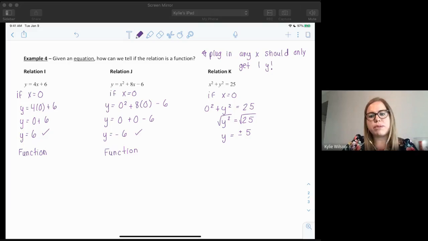So remember, when we square root, we have to include this plus or minus here. And the reason why we have to do this is because positive 5 squared gives us 25, and negative 5 squared also gives us 25. So there's actually 2 values for y here. So that breaks our rules. So I would say, therefore, this is not a function.